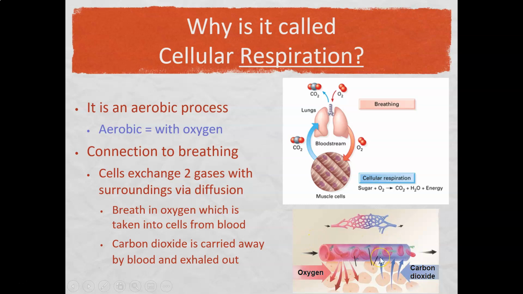Your blood then carries it on your red blood cells to what we call capillary beds, which are really thin little blood vessels right up against your tissue cells, so that we can diffuse that oxygen to those tissues, right? Something like your muscle cells, so that your muscle cells can do that cellular respiration and then get rid of the carbon dioxide by diffusing that carbon dioxide into those red blood cells, taking it back to your lungs, diffusing it into your lung cells, and then you breathe it out.